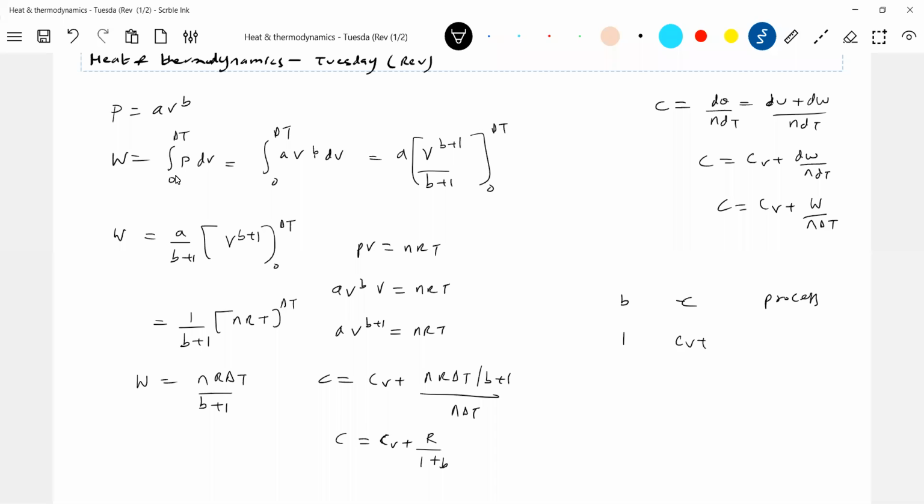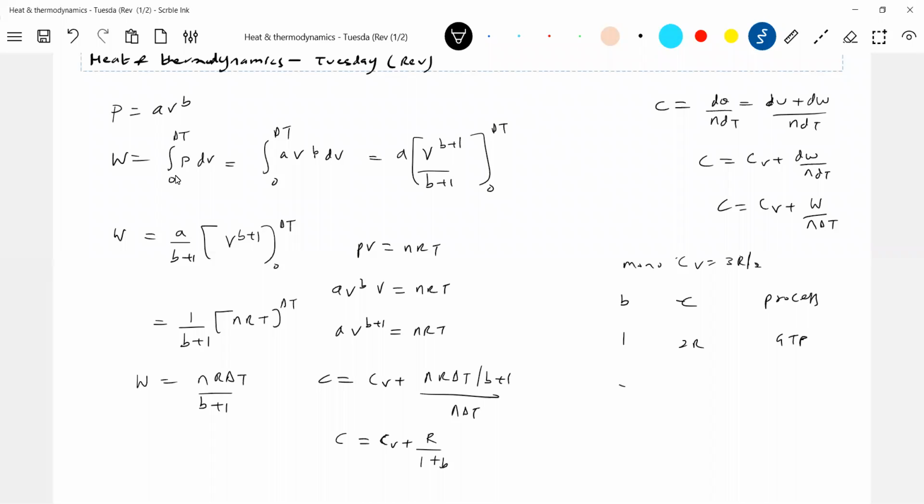Cv, let me define for a monoatomic gas, so that will be easy for us. Cv for a monoatomic gas will be 3R by 2. Substituting, 3R by 2 plus R by 2 is 2R. So it is a general thermodynamic process.